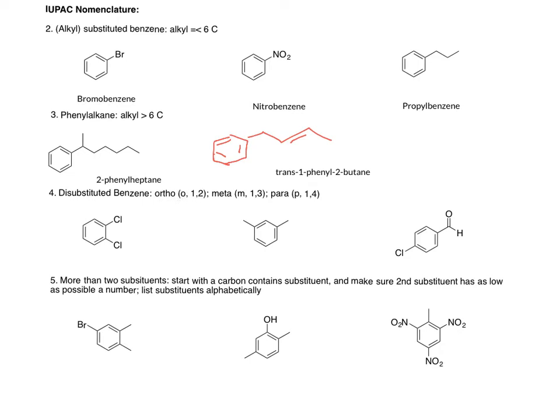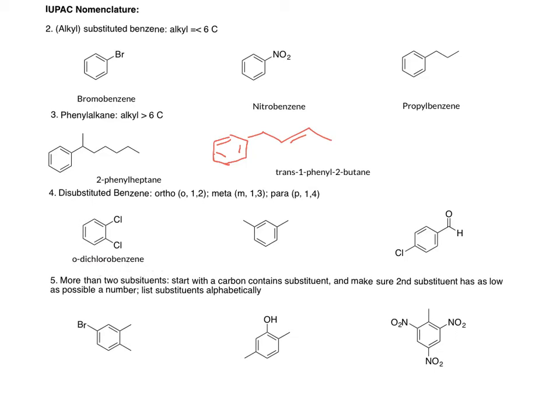If they are further away from each other, they're meta to each other, and if they are even further away, basically on the two corners of a 6-member ring, they are para to each other. The examples shown here include 1,2-dichlorobenzene, or o-dichlorobenzene.